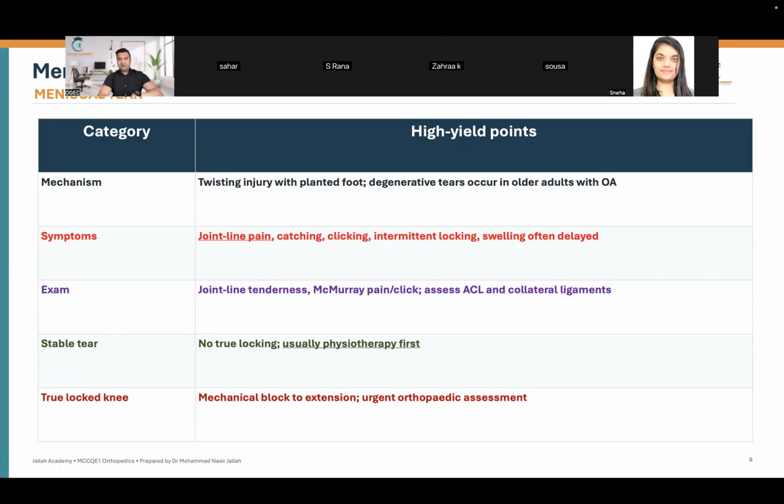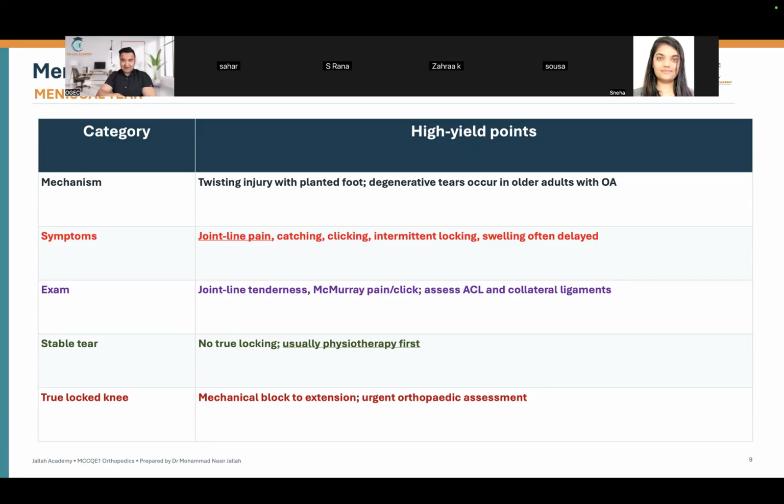So pain in the knee, but in the joint line. Clicking, catching, locking. And swelling often happens, but it happens very slowly, and it may happen later. It doesn't happen right away.